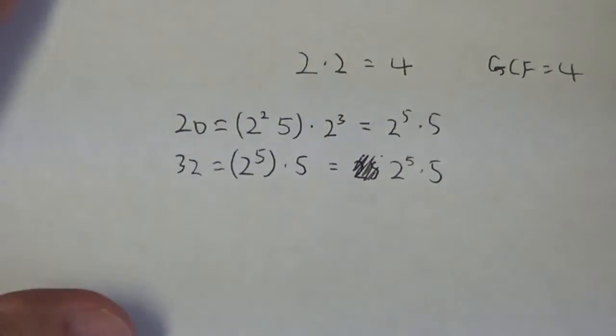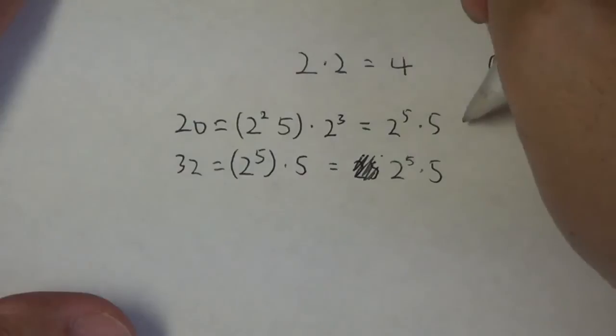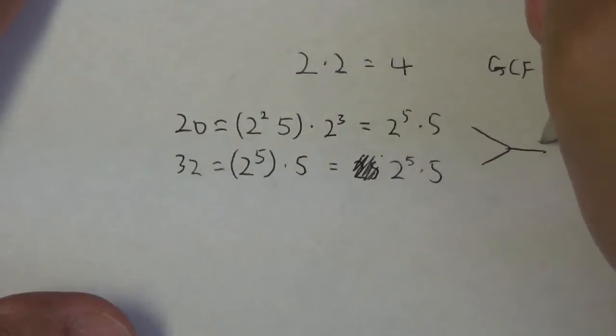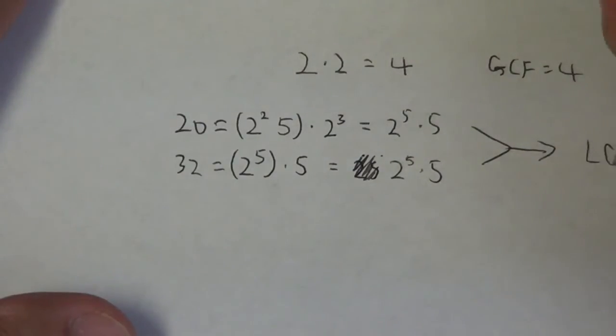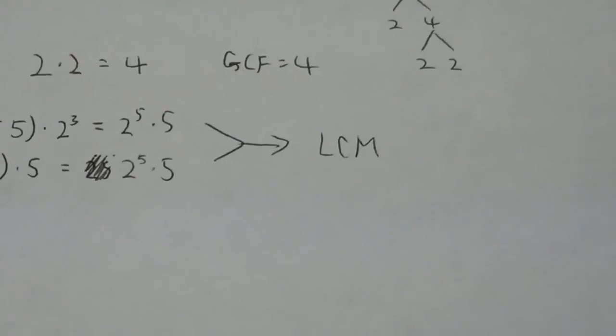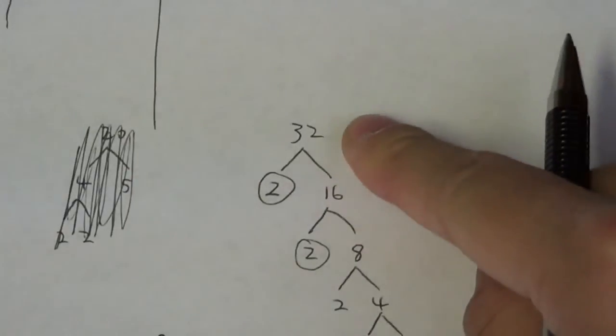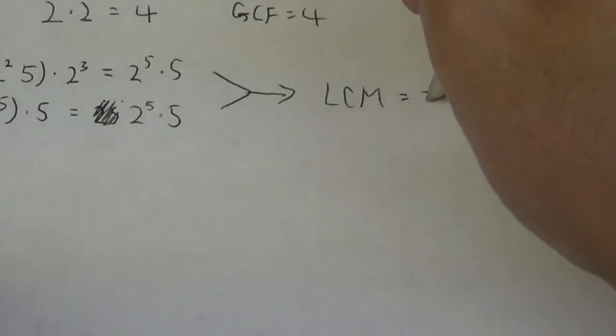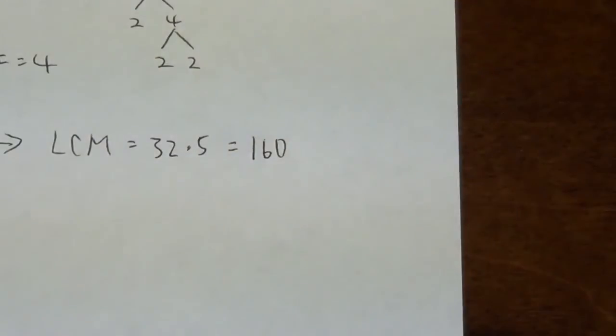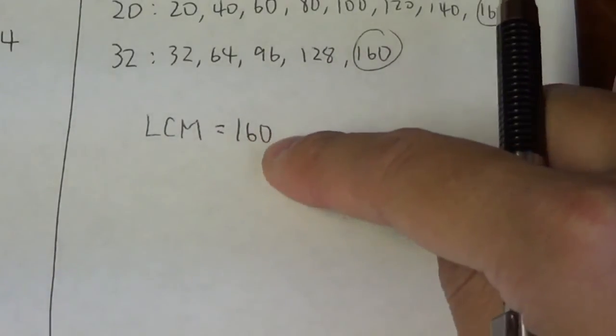That confirms that they will both be the same, and that would be your least common multiple. You just have to find out what that is. 2 to the power of 5, I already know, is 32. So that's 32 times 5, which is 160. So the least common multiple is 160, and that is what we have up here also.